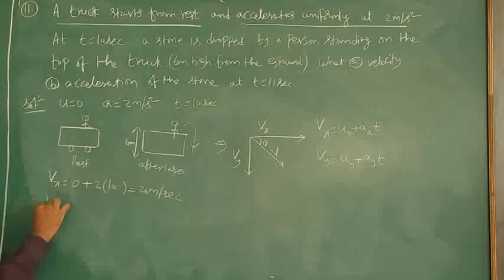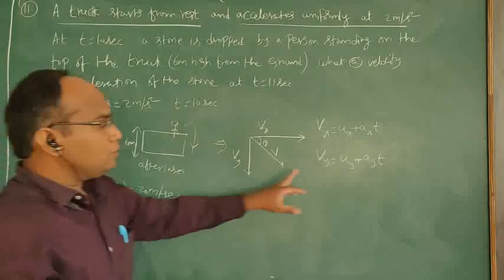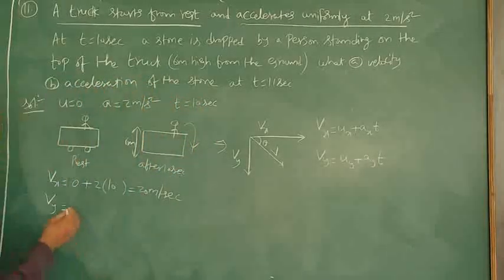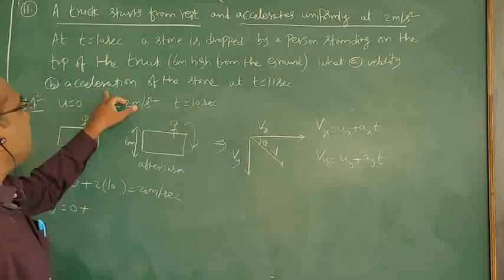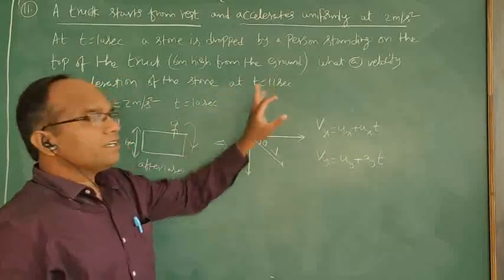Okay. Next, in the similar way, Vy means uy plus ay into t. That is the formula. So uy is what? Initial, it is 0, plus ay. Here they have given the time, 11 seconds.